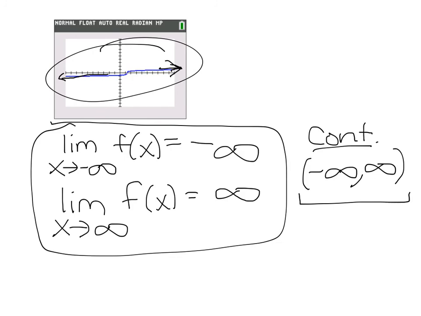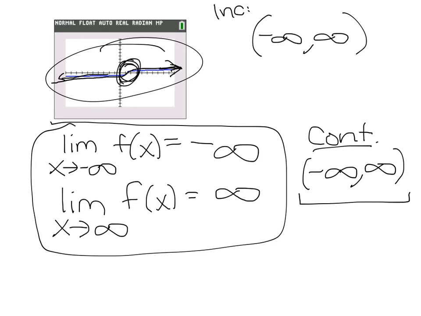The last thing we need to address is whether the function's increasing or decreasing from left to right. As I move from left to right, the graph is moving upward infinitely. So we would say the graph increases from -infinity to positive infinity. There's nowhere on the graph where the function is decreasing at all, even though there's this little blurb in this region that I'm circling, where it's just increasing rapidly.